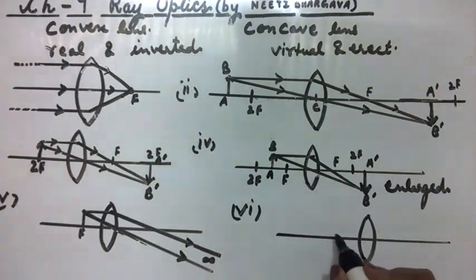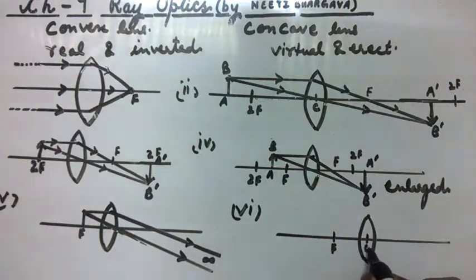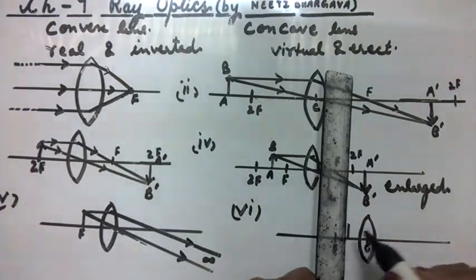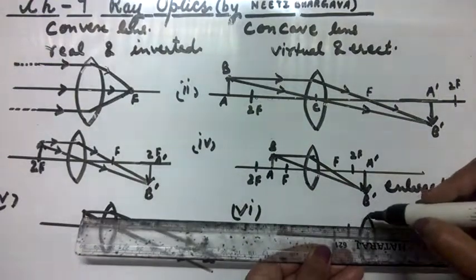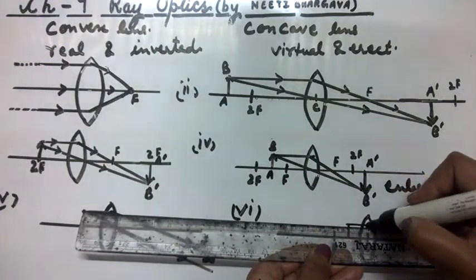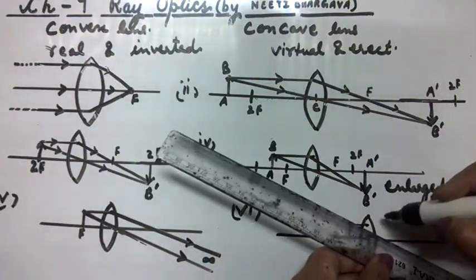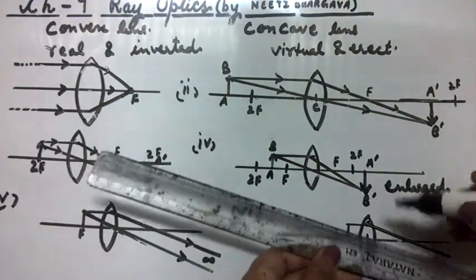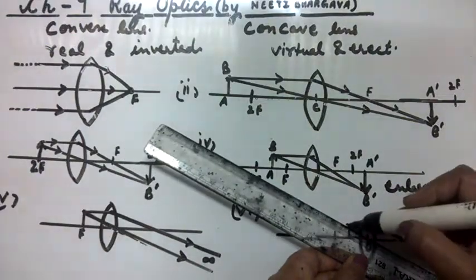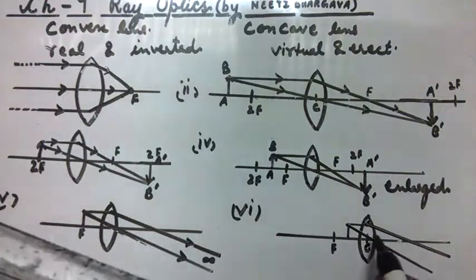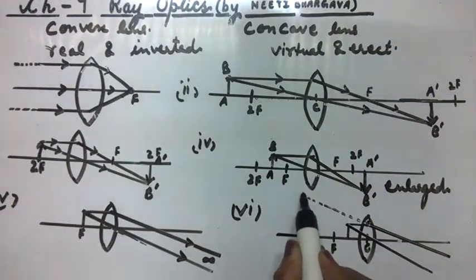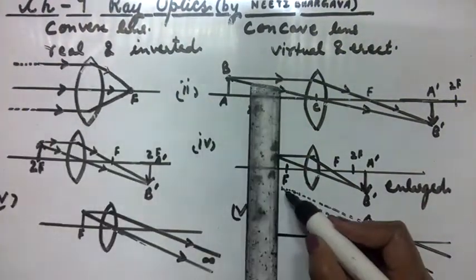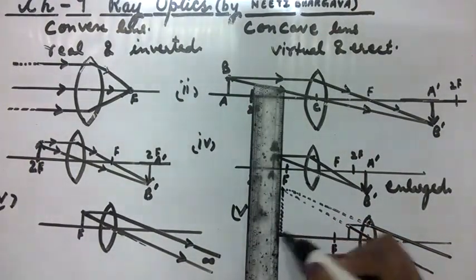That is, when the object is placed within the focus or between optical center and focus, then the image obtained is virtual and direct, highly magnified, and at the same side of the lens. The virtual and direct image is formed.